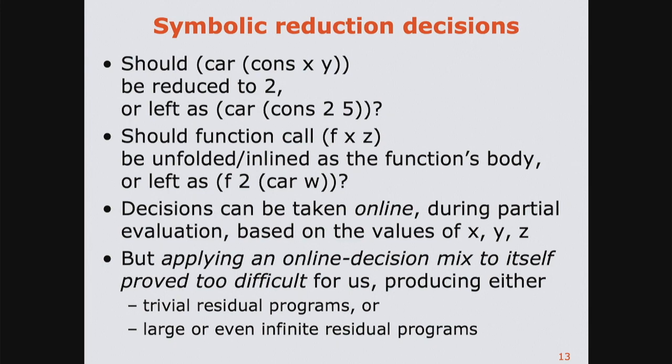So applying online decisions mix to itself proved too difficult. It produced either trivial programs that were basically the given program with a constant added at the beginning, like Kleene's proof of the SMN theorem, or it produced large or even infinite residual programs. Something looping was the standard thing.